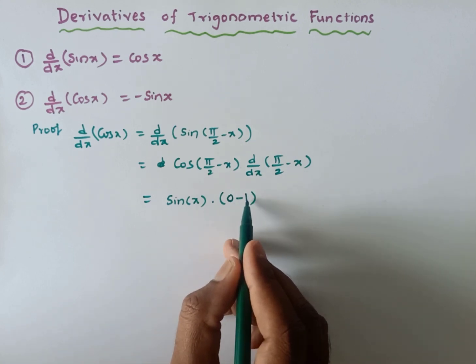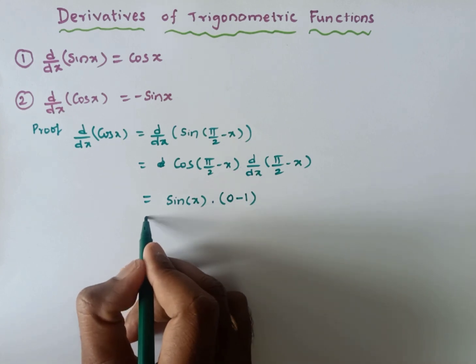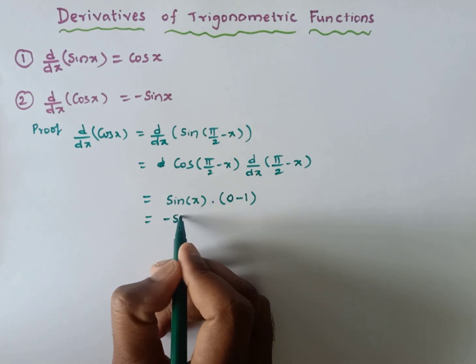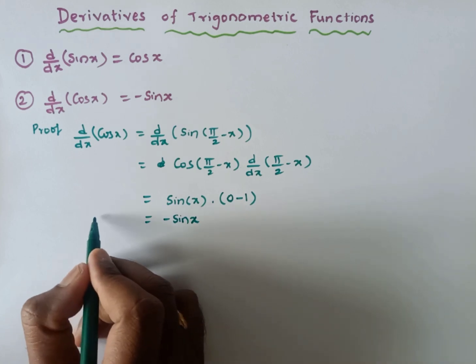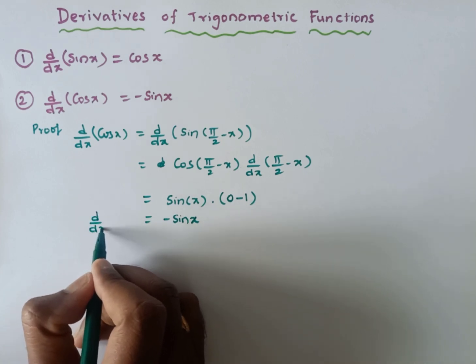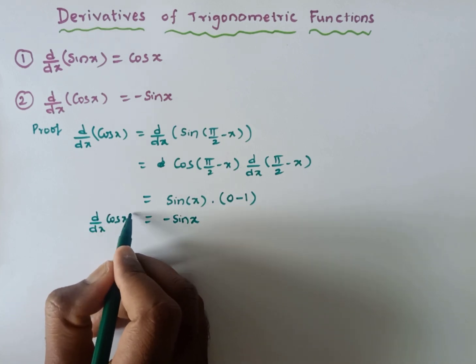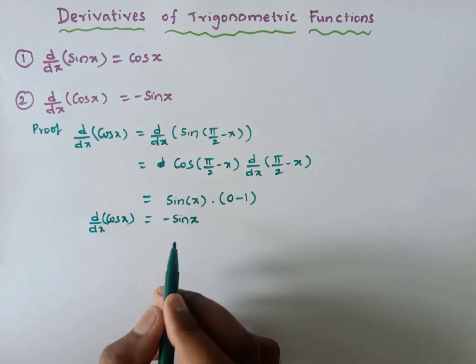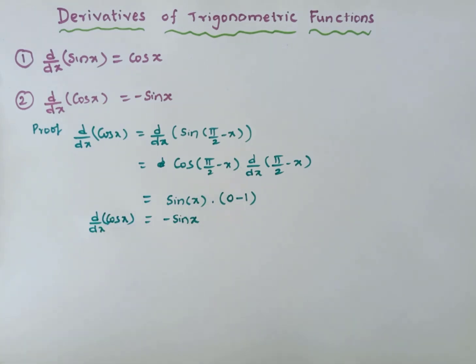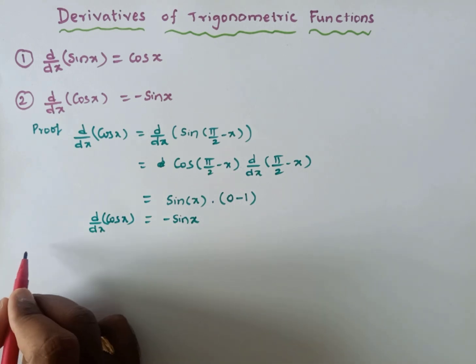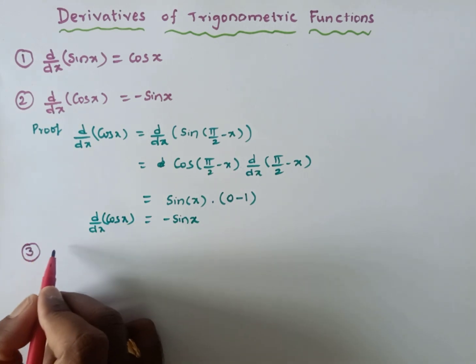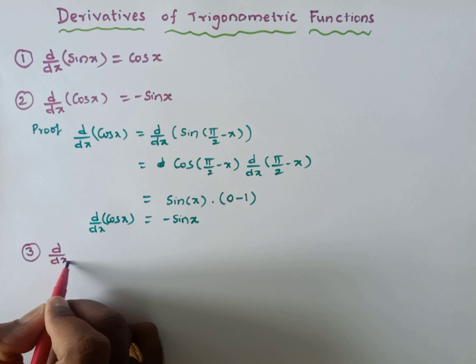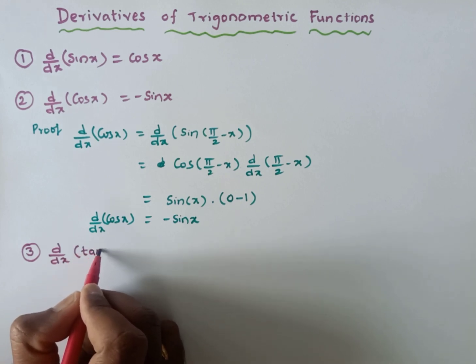So 0 minus 1, that is minus 1. Therefore this is minus sin x. So the derivative of cos x is minus sin x. If we use the first principle, we get the same answer, right?